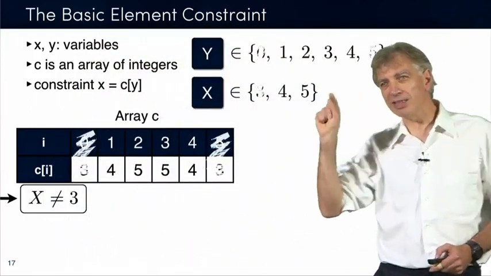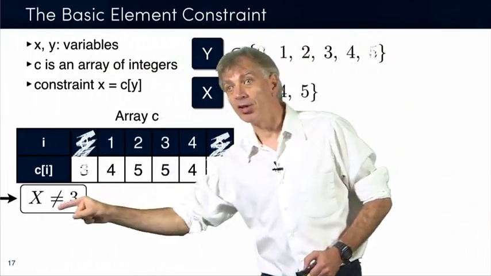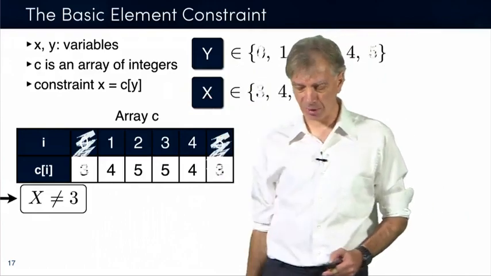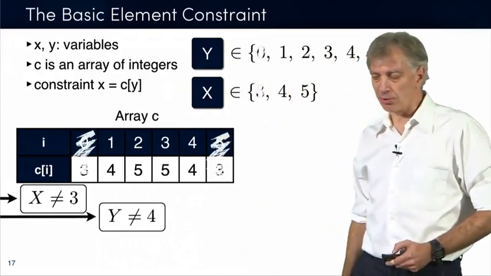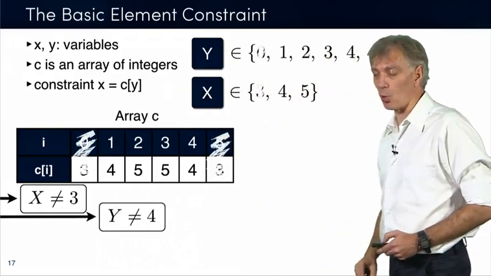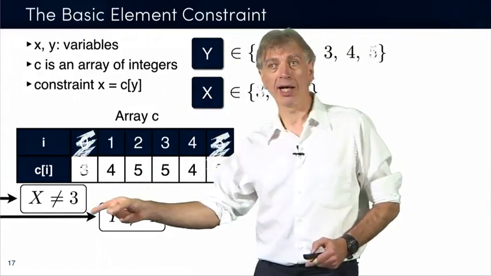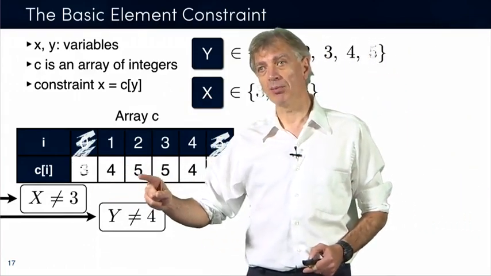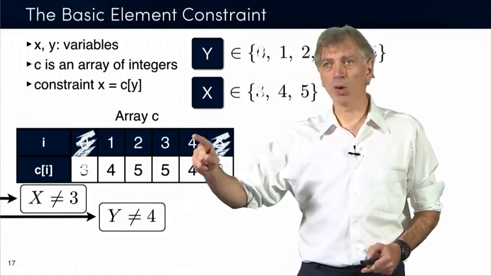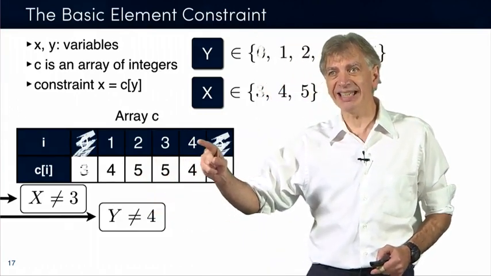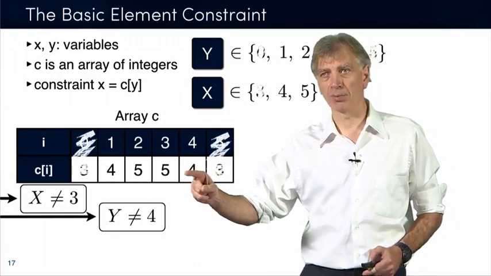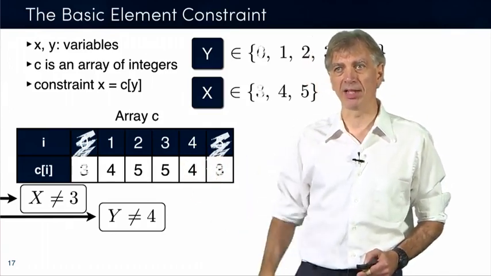So what is interesting here is that if I know some more information about x, I can propagate it directly on y. Now, assume that I've learned something about y. I learned, for instance, that y cannot be 4. What's going to happen? Well, y cannot be 4, so I cannot index this array with that particular value, so I remove it.